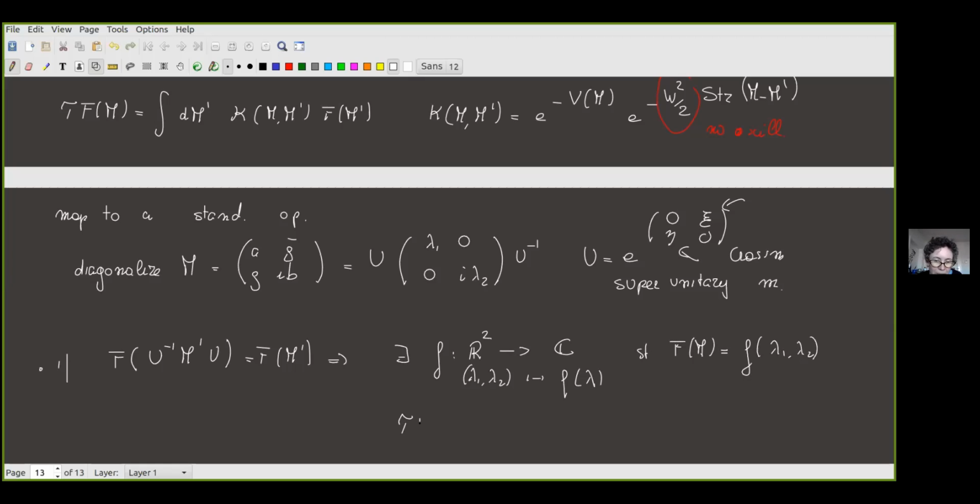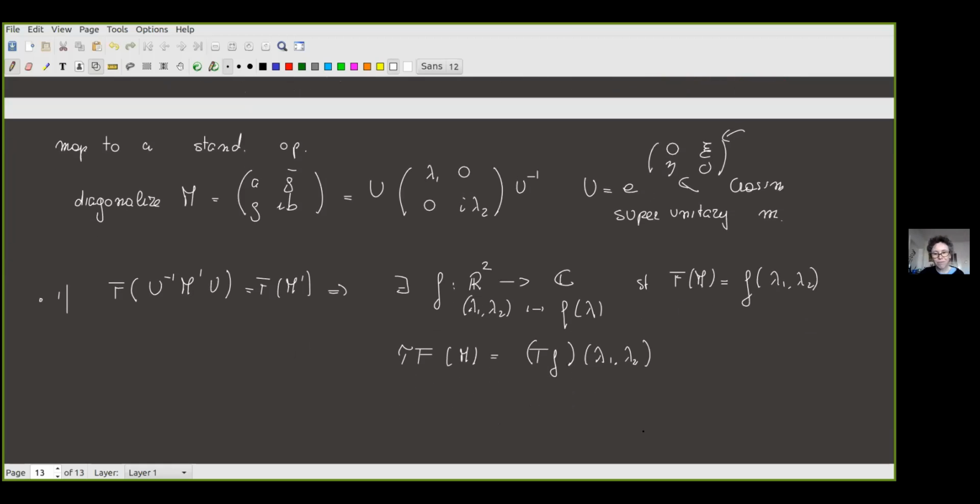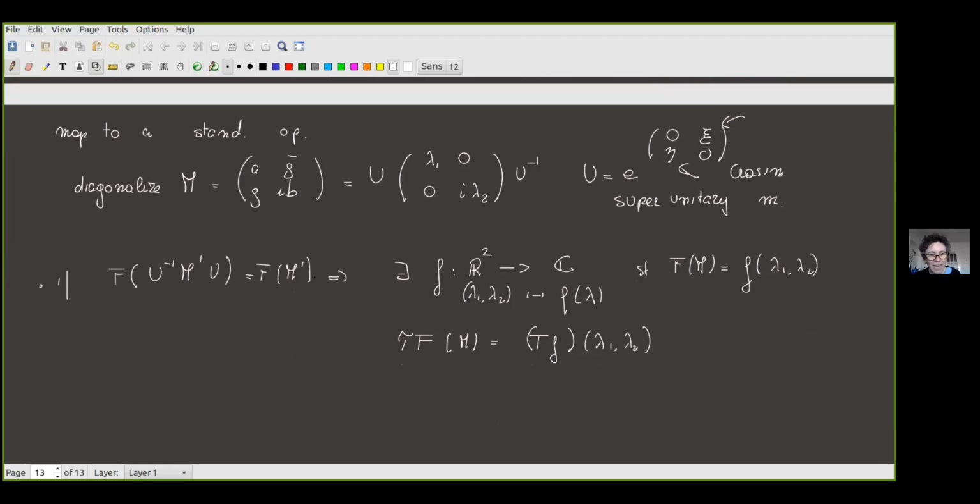And the operator applied to capital F, computed in M, is just a standard operator computed to the function little f, computed in lambda 1 and lambda 2. Because this function depends only on the eigenvalue of the matrix.